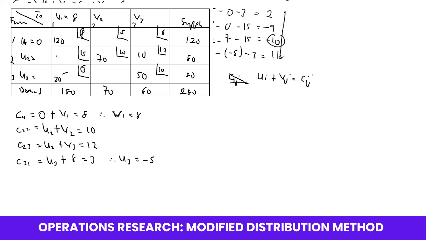And then we move to the next allocated cell, that's the last one, C33. That's going to give us U3 plus V3. But we already know our value for U3 to be minus 5. So minus 5 plus V3 is equal to 10. So therefore, V3 is equal to positive 15, 10 plus 5.